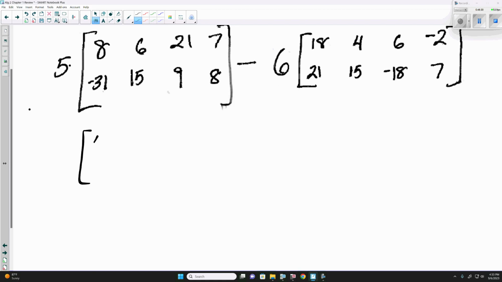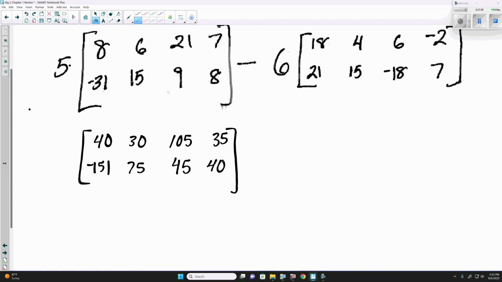So we'd have done 5 times 8, which is 40. 5 times 6 is 30. 5 times 21 is 105. 5 times 7 is 35. 5 times negative 31 is negative 155. 5 times 15 is 75. 5 times 9 would be 45. And lastly, 5 times 8 is 40. So we have all these here, minus.